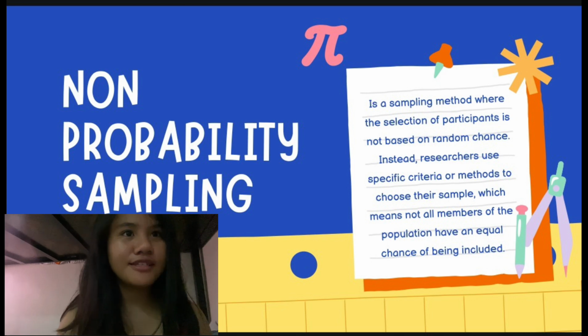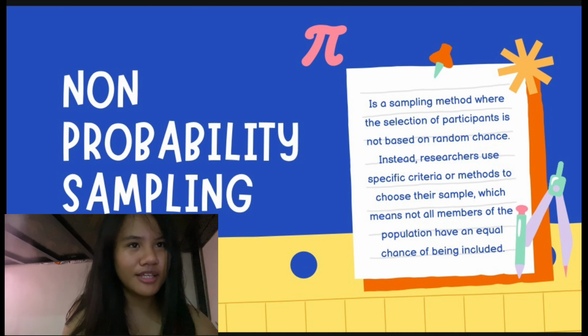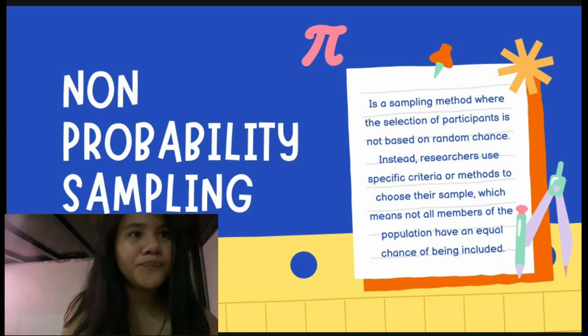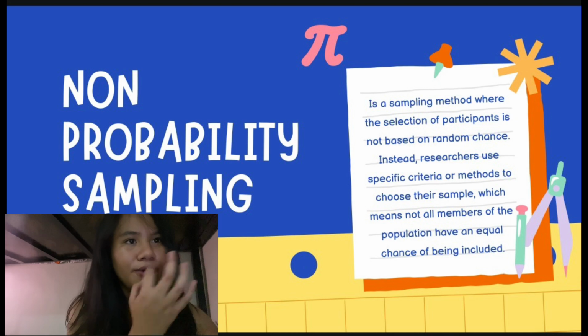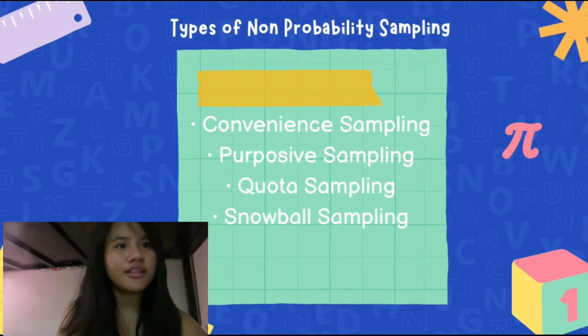Non-probability sampling is a sampling method where the selection of participants is not based on random chance. Instead, researchers use specific criteria or methods to choose their sample, which means not all members of the population have an equal chance of being included. Types of non-probability sampling.